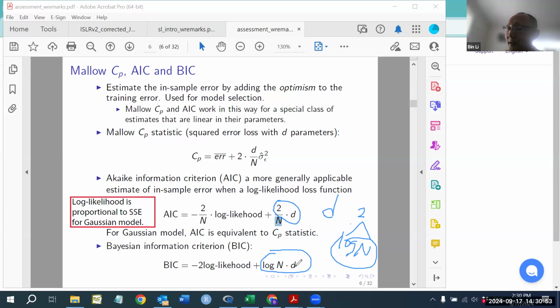Why do I say penalty? This also has a similar idea to lasso. The first part measures how good the model is. If a model fits the data very well, will the first part be large or small? Small. Why is it small?